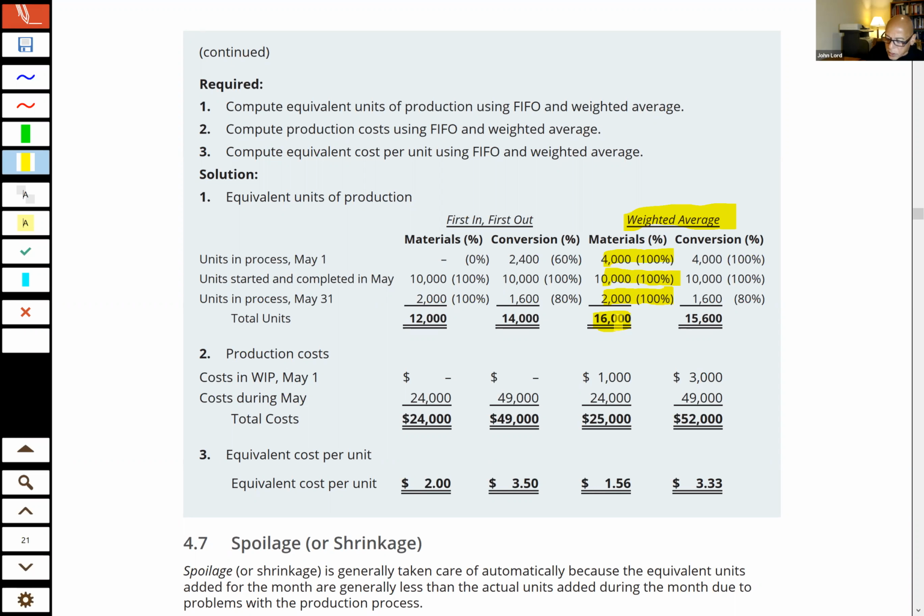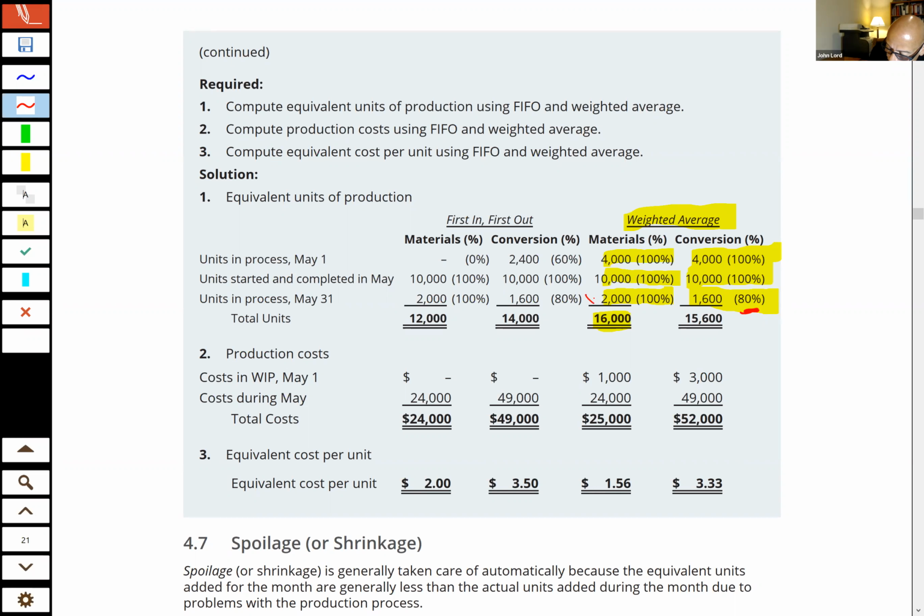For conversion cost, again, we give ourselves credit for everything that was done in a previous period. Frankly, we give ourselves credit for having done it this period. The units started and completed are 100%, obviously. And for the conversion costs, we're only going to give ourselves credit for the 80%. So we take the 2,000 times the 80%.